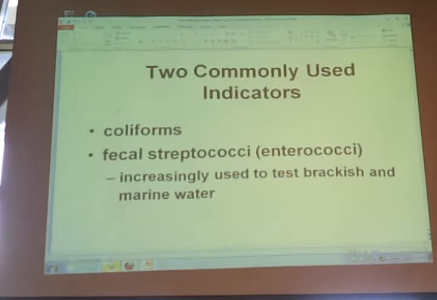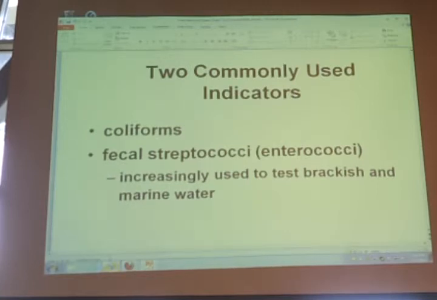The ones that we're familiar with, coliforms for sure, and you know that definition of the coliform. Understanding a little bit about that definition does help you understand water testing in general. It helps you understand what we're doing in lab and what that actually means.